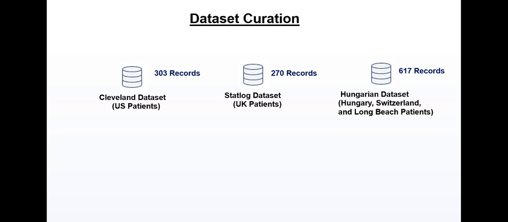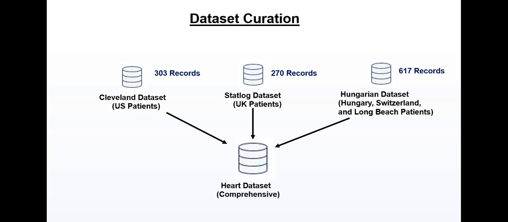I have collected these three data sets and combined them by using their 11 common features. The combined data set consists of total 1190 records, which has 11 common features of all these three data sets. So this is the most comprehensive data set for heart disease prediction.